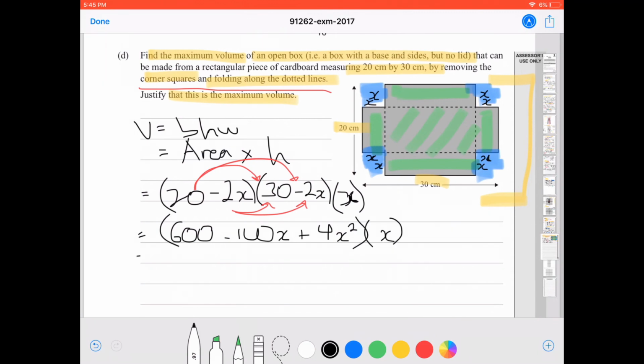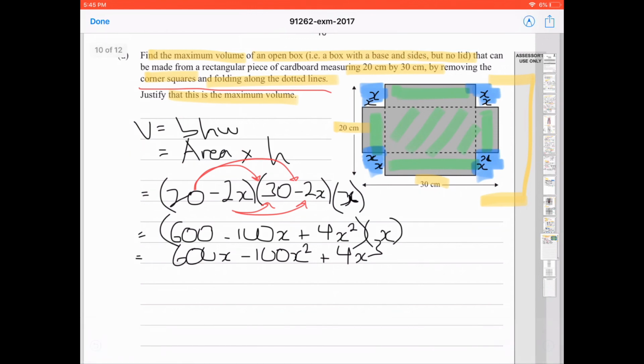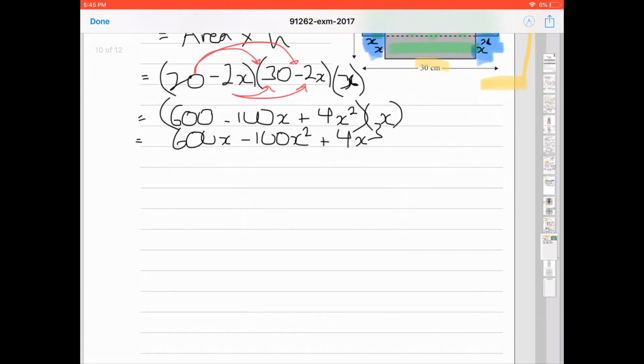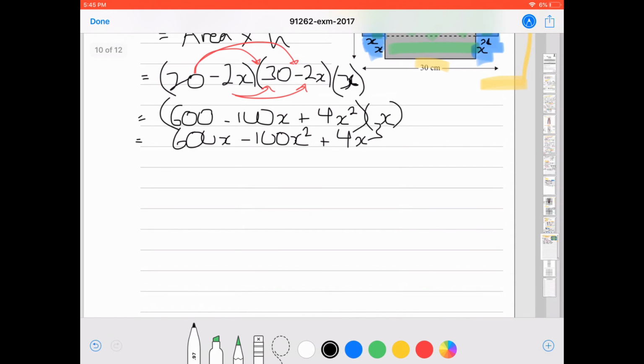And now let's multiply by x. So 600x minus 100x squared plus 4x cubed. Okay, that is our expanded expression for the volume. And they're talking about maximum volume, so let's differentiate.